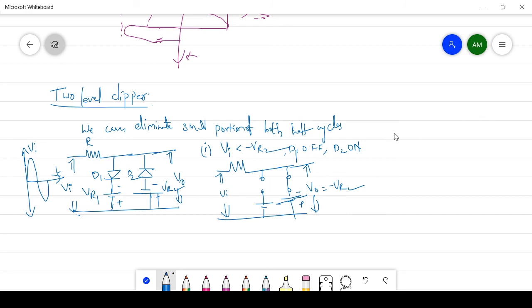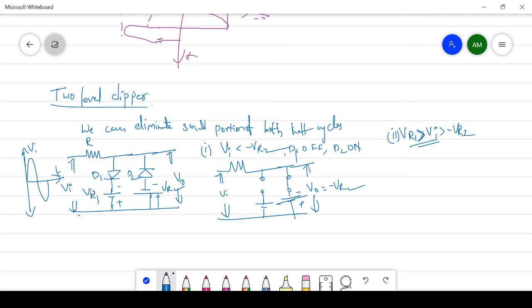The second condition is VR1 is greater than Vi, which is greater than minus VR2. In the first part, the condition was Vi less than VR1 only. So below the reference voltage of VR1, diode D1 becomes off.